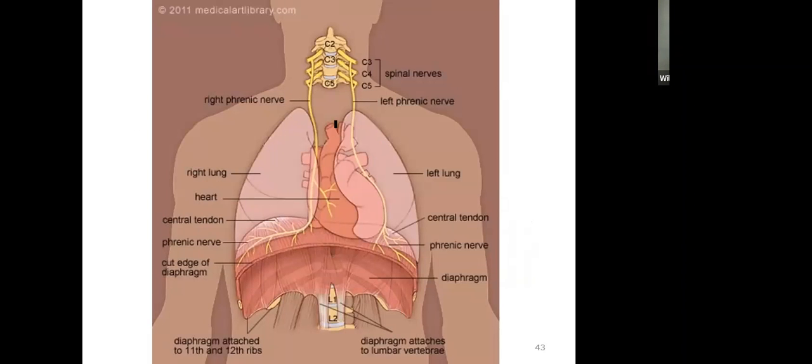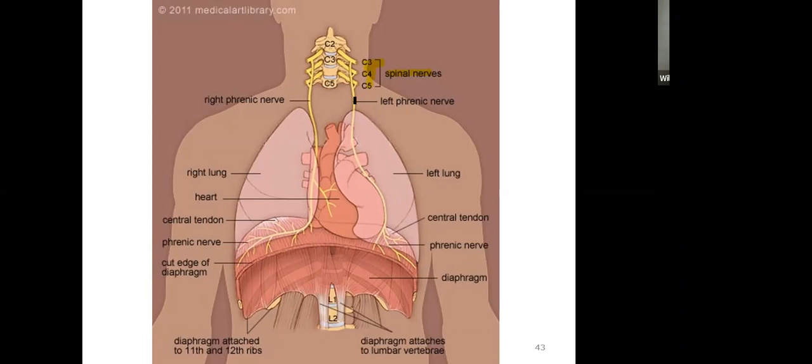And so here we can just see how the phrenic nerve gets there. So here we have C2, C3 down to C5, spinal nerve C3, 4, 5, keeps the diaphragm alive. So C3, 4, and 5 keeps the diaphragm alive, because that's going to be our phrenic nerve. So these are the origins of the phrenic nerve.